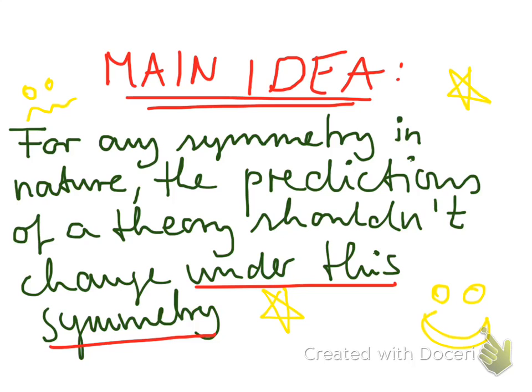If there is a symmetry of that kind, and that's true about nature, about the world, then the predictions of a theory that describes that world should not depend on the differences you can express in the theory that describe these symmetry transformations.